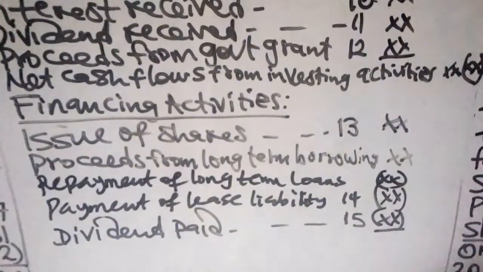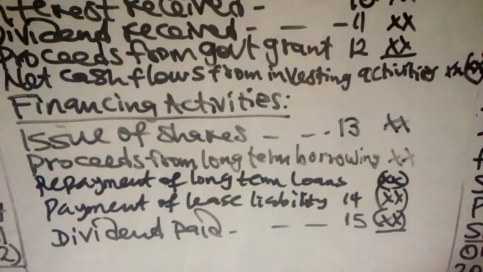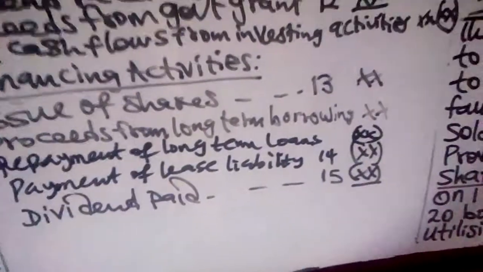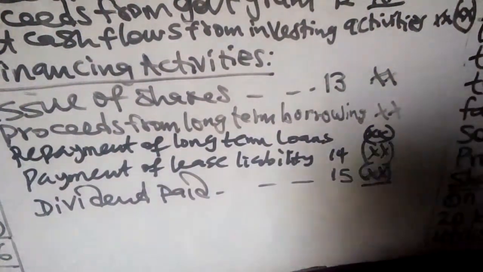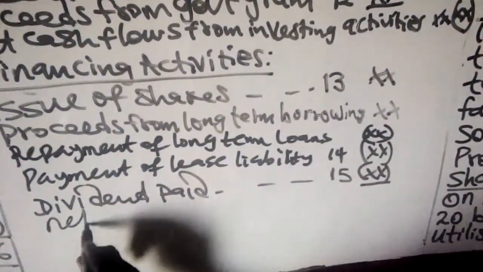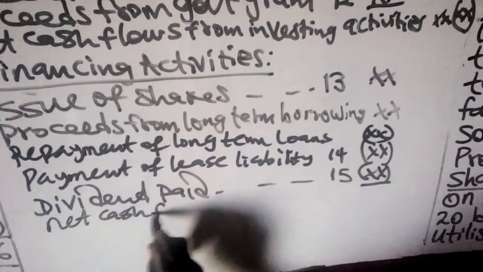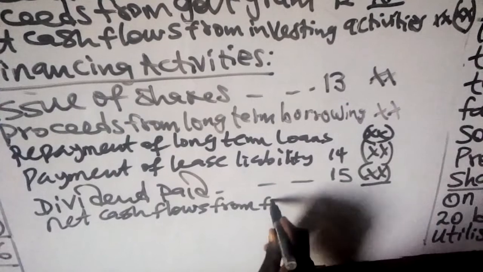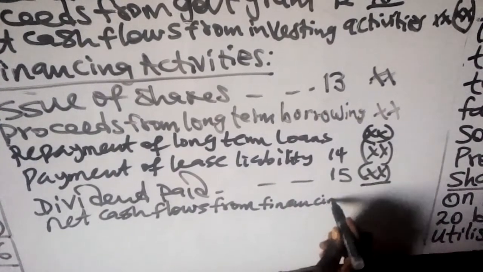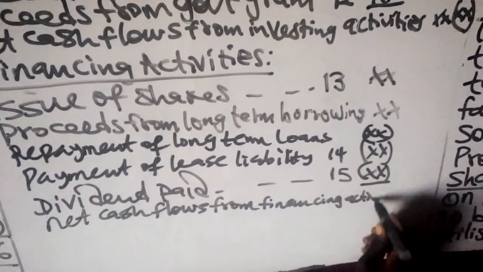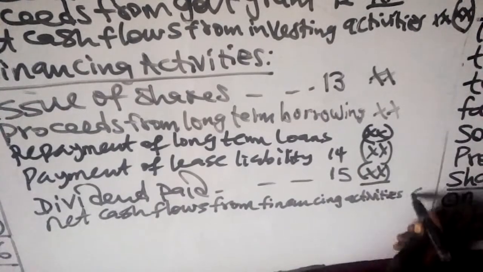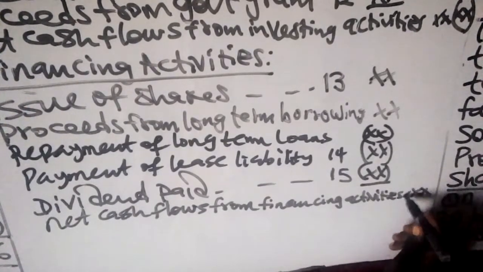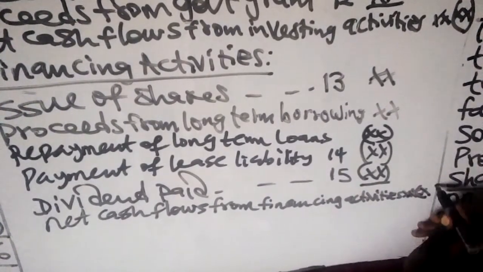After all this adjustment, you get net cash flows from financing activities. It could be positive or negative.